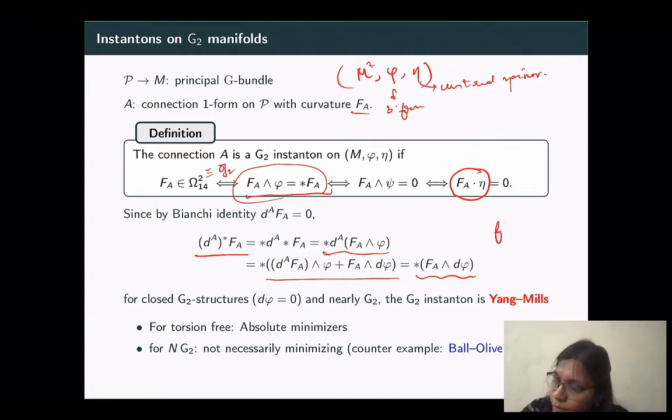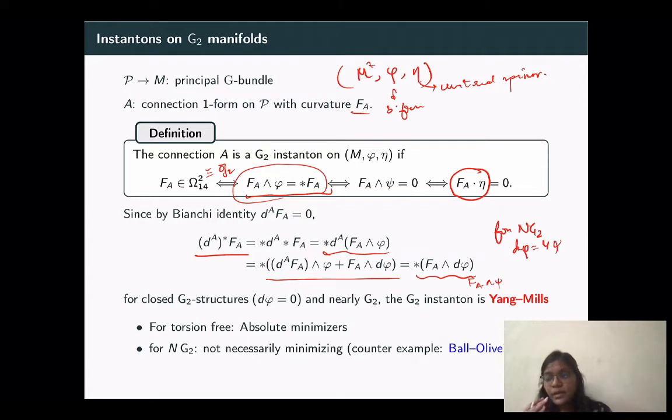but other than that, for nearly G2, just to recall, we take d phi equals 4 psi, and so again A would be Yang-Mills, because for nearly G2 we will get F_A wedge psi, and F_A wedge psi is also 0 since F_A is in omega 2 14.